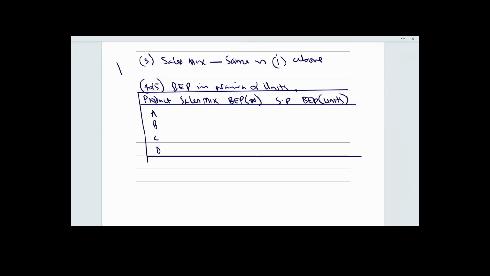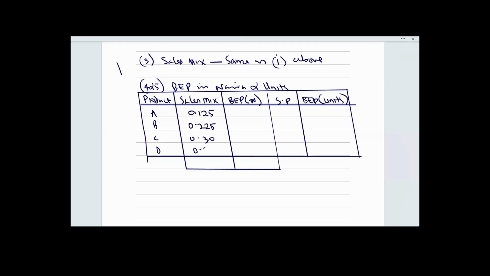You can see break-even points or CVP analysis is very, very interesting. Okay. 0.125, 0.225, 0.3, 0.35.